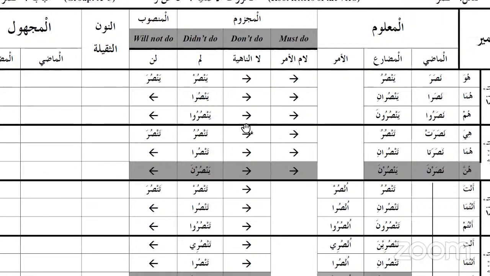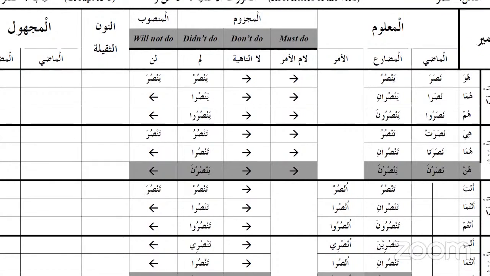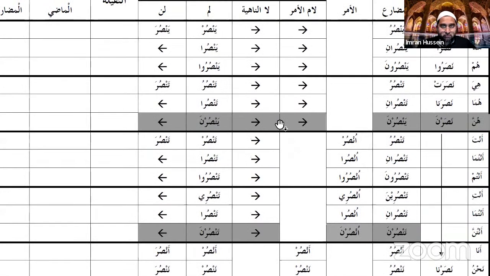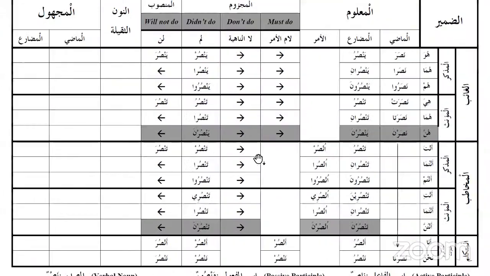Bismillah. La yansur, la yansura, la yansuru, la tansur, la tansura, la tansuru, la yansurna, la tansurna... Correct. لا تنصر، لا تنصرا، لا تنصروا، لا تنصري، لا تنصرا، لا تنصرن.